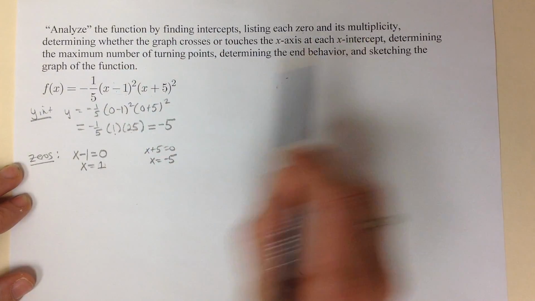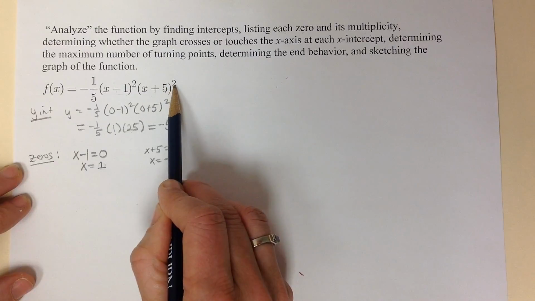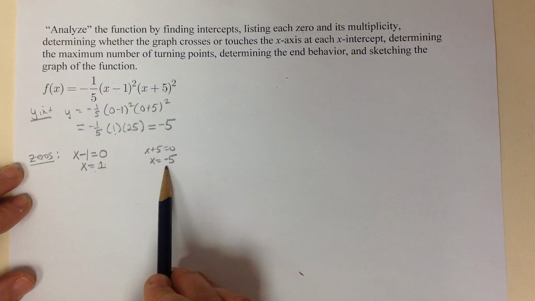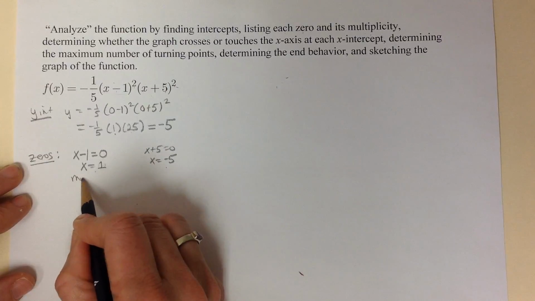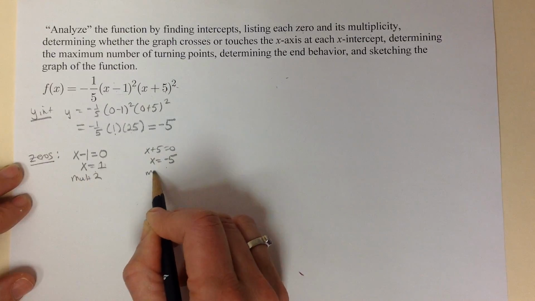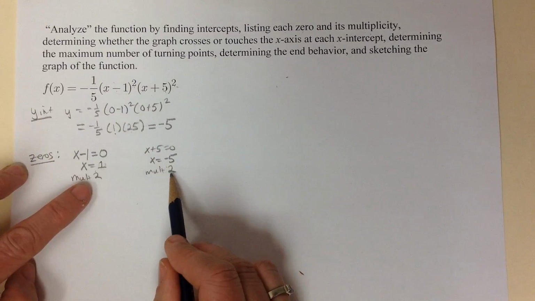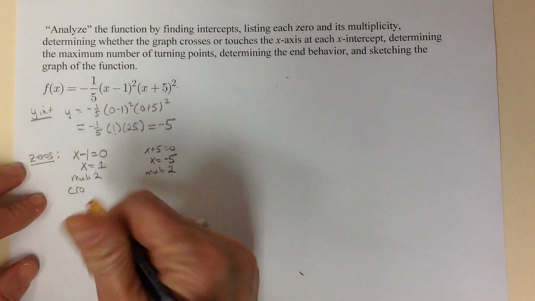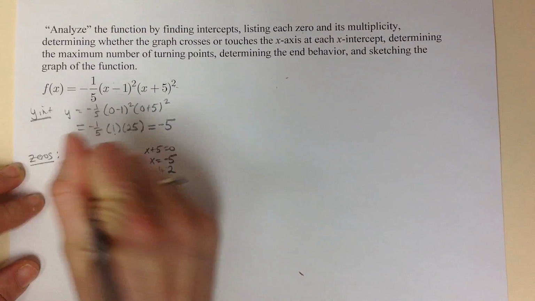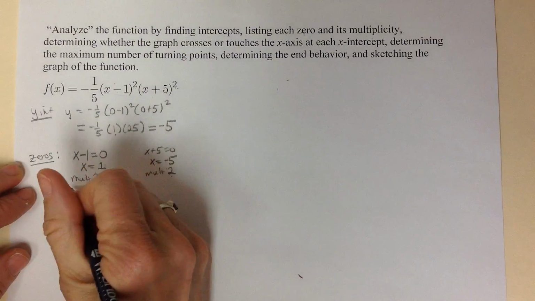Now, multiplicities are the exponents of the factors that got you your 0. So since these are both squared, these both have a multiplicity of 2. Even multiplicity means that it's going to just touch the x-axis on the graph.